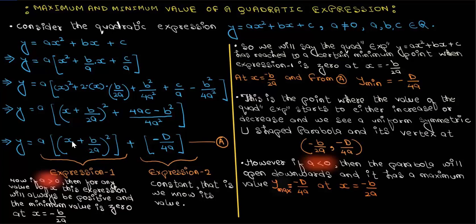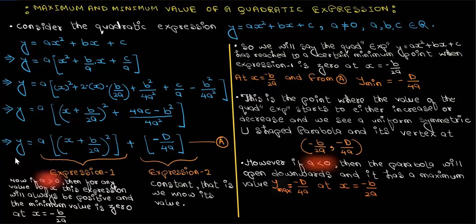For very large values of x, because a is negative, it becomes a very large negative value. So we cannot calculate the minimum value of the expression, because we do not know which value is minimum, but we can certainly tell what the maximum value of this polynomial will be.